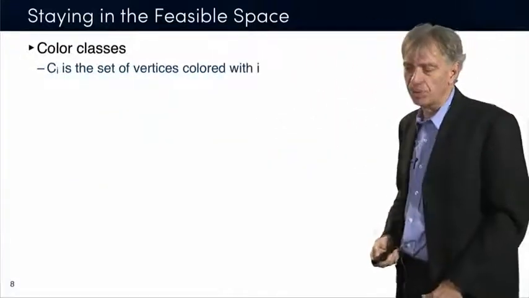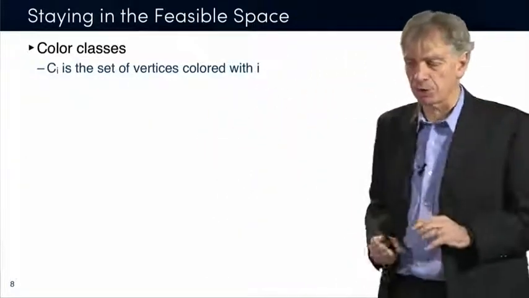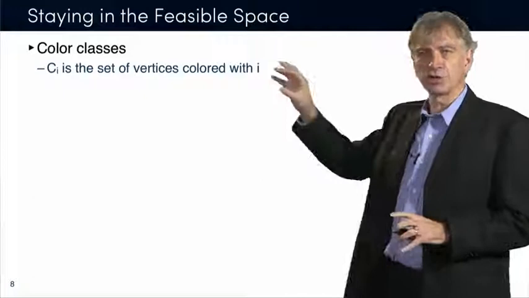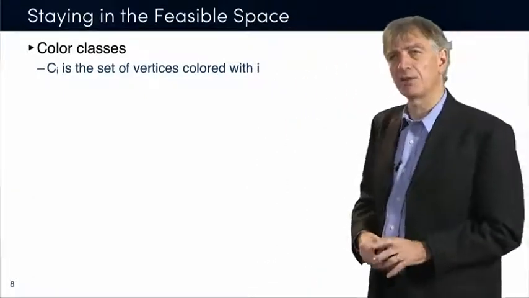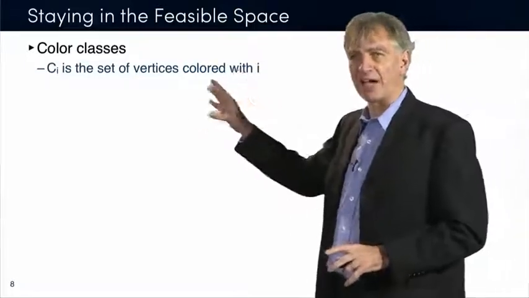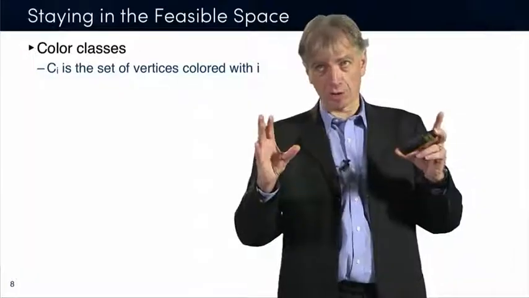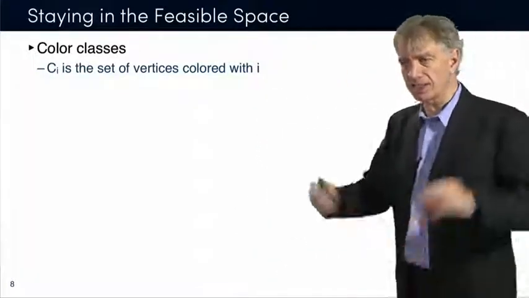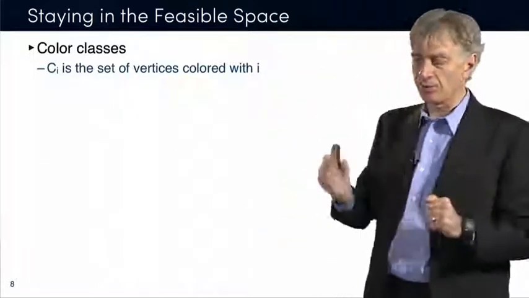So what you have to do is change the way you think about the problem and the objective function. This is where introducing the concept of color classes is useful. Color class i, Ci, is going to be the set of vertices which are colored with color i. So Ci is all the vertices in my huge graph which are colored with color i.